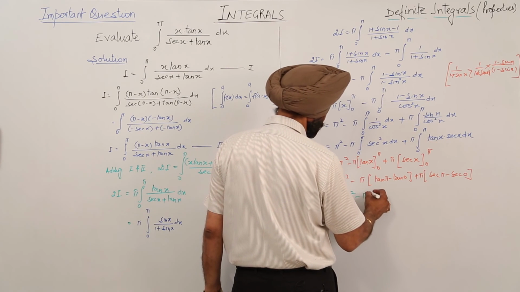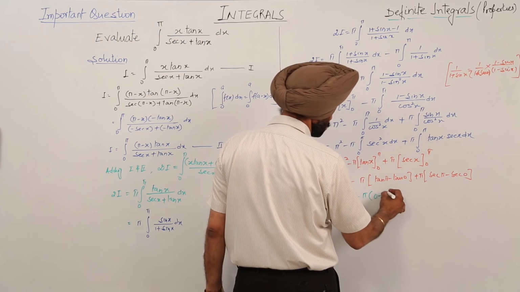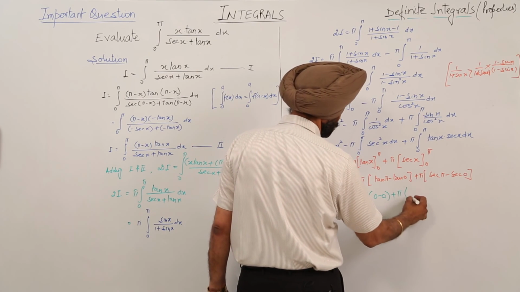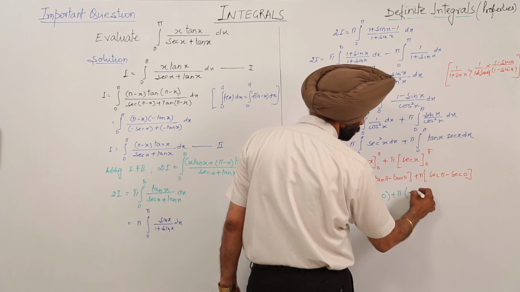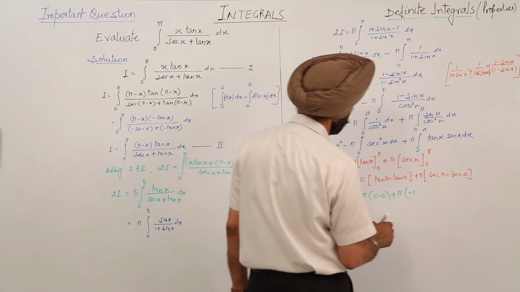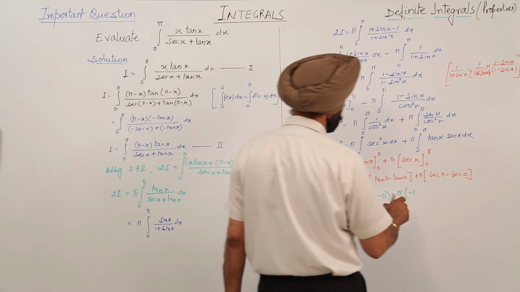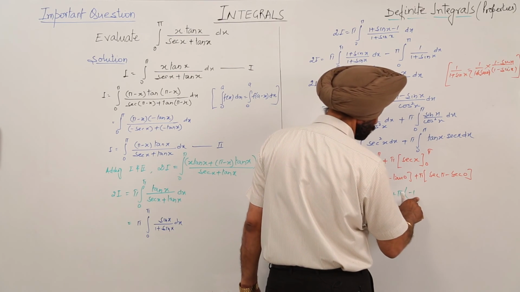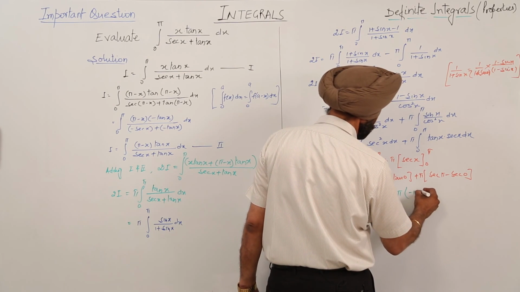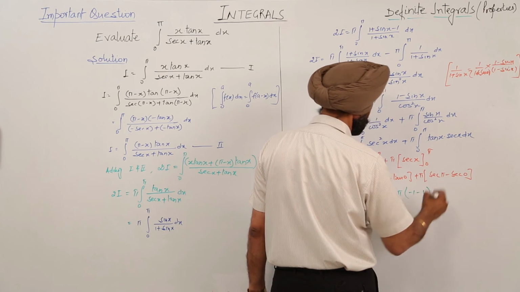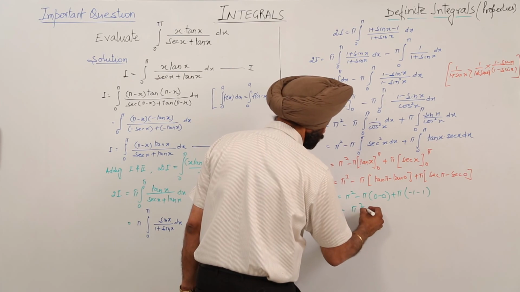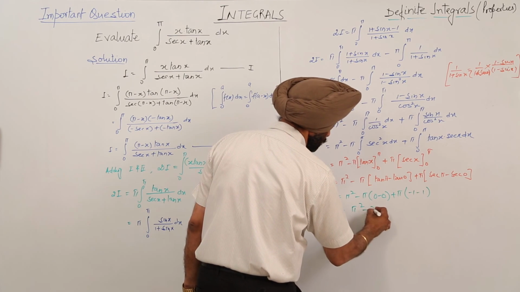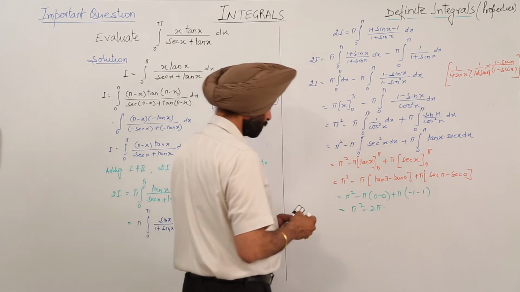Pi square minus pi with 0 minus 0, plus pi with minus 1 minus 1. So we are left with pi square minus 2 pi.